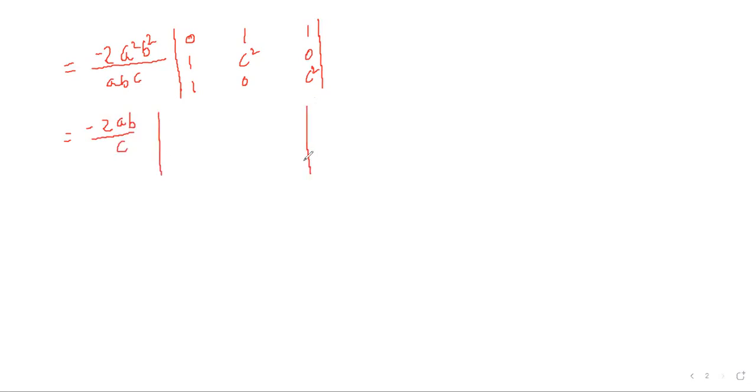Then these two ones are in same row. So if we perform C2 operated as C2 minus C3: 1 minus 1 is 0, c square minus 0 is c square, 0 minus c square is minus c square.